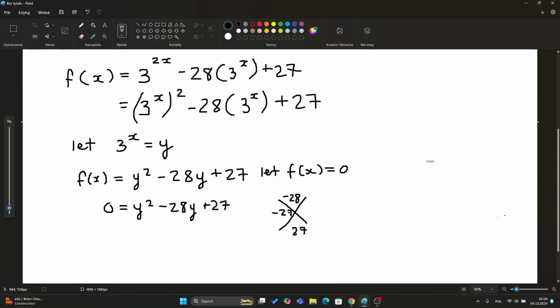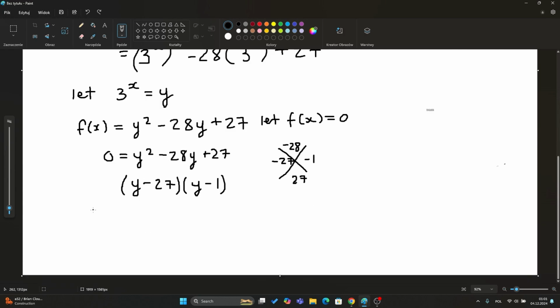So minus 27 minus 1, so y minus 27, y minus 1, but we replaced the 3 to the power of x, so we have to say that y equals 3 to the power of x, so 3 to the power of x minus 27 and 3 to the power of x minus 1.